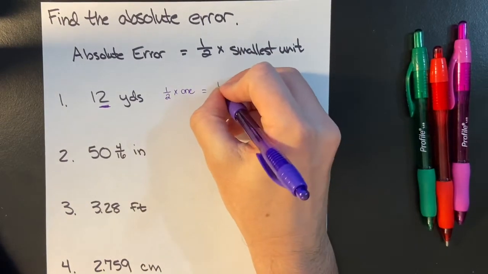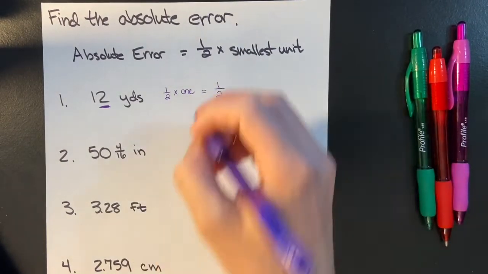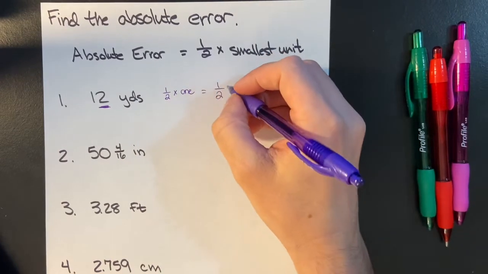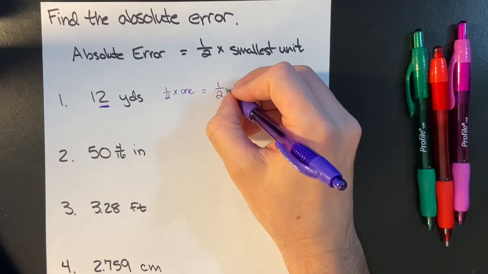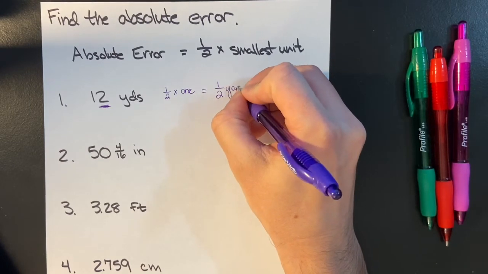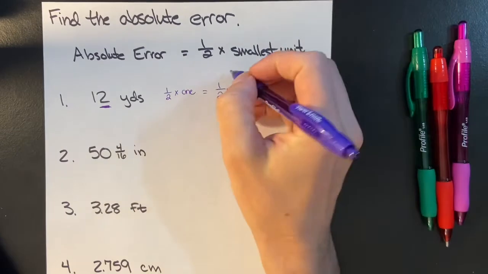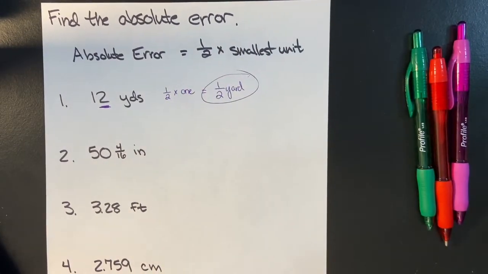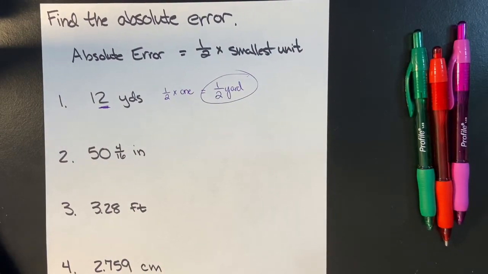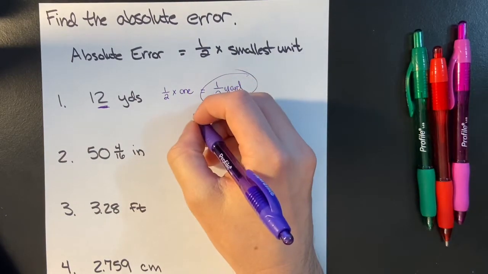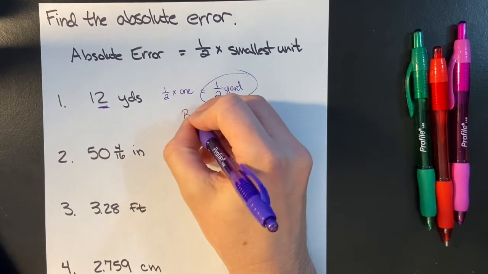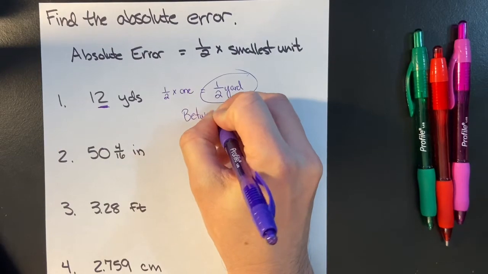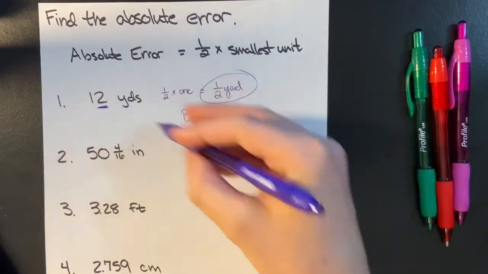Half of 1 is a half. So the absolute error is half a yard. Now, what does that mean in this case? Well, if I was taking a measurement and I was factoring in the absolute error, I could say that my number could be in between 1/2 of a yard smaller than 12 yards.